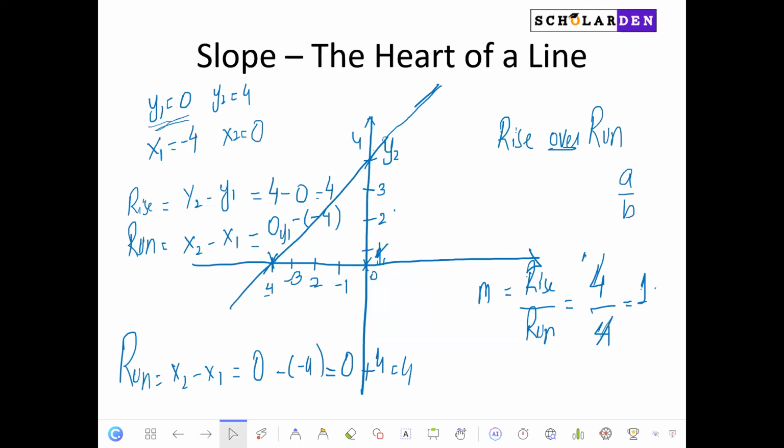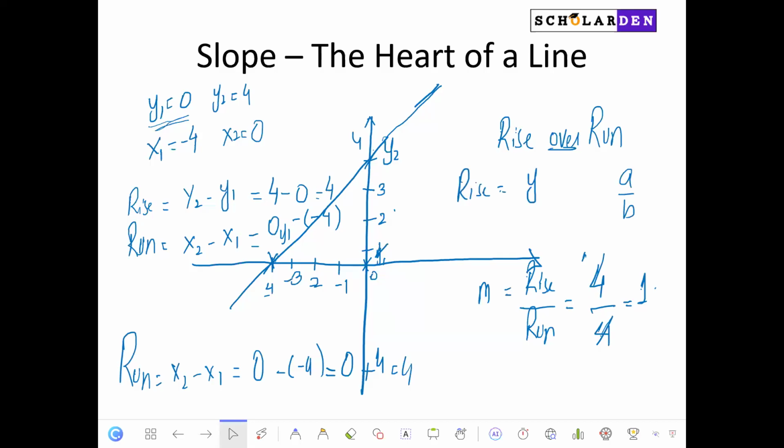The point of showing this to you is, if you're given a straight line graphically, you can find out the slope by calculating this rise and run. How do you calculate rise?